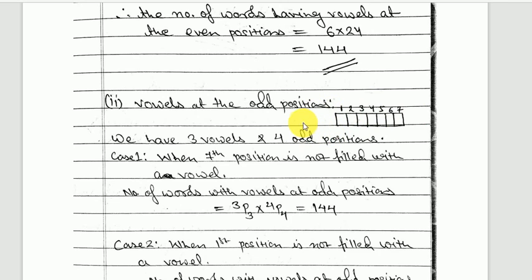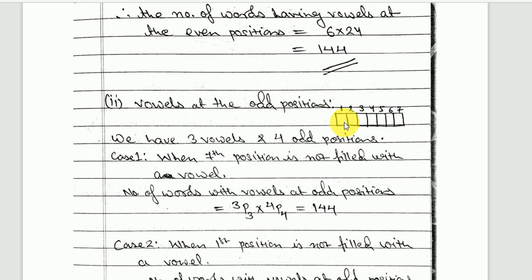So if we start filling from left to right, then I can fill the first position, third position and fifth position. Seventh will be left empty. So there is one case where the seventh position will be left empty. If I start from 3, I can fill 3, 5, 7.